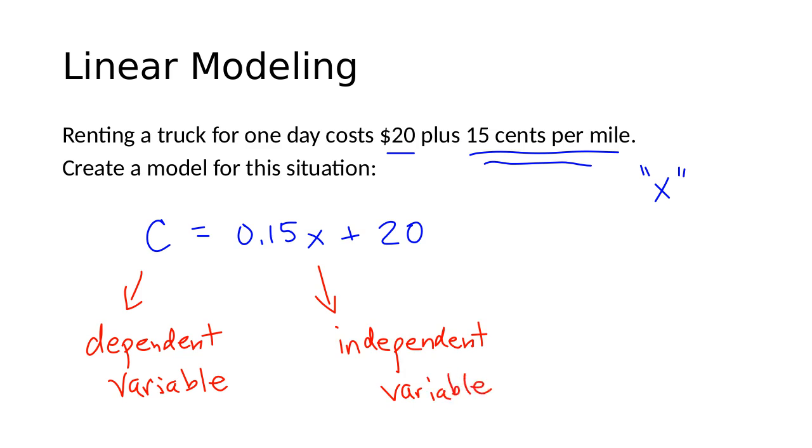And so here we've created a model with an independent variable and a dependent variable for this situation where you pay $20 to rent the truck plus an additional 15 cents for every mile that you drive. Now let's put that to use.